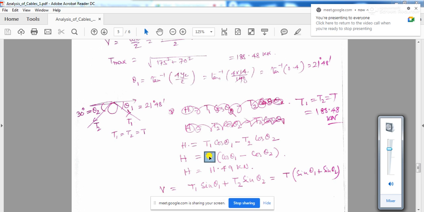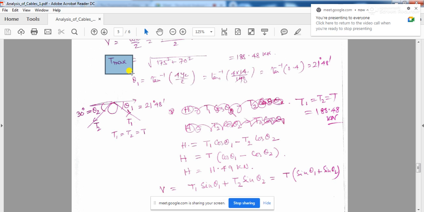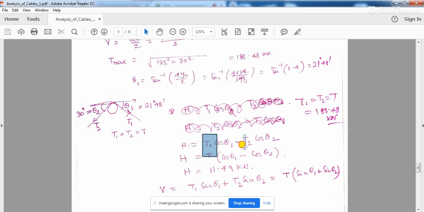So this T is nothing but T1 is equal to T2 is equal to T, which is nothing but this T max, because T1 is nothing but the tension in the main cable, right? So T1, T2 is equal to T, which is your T max, and this is your 188.48.